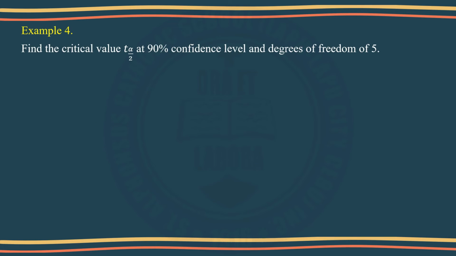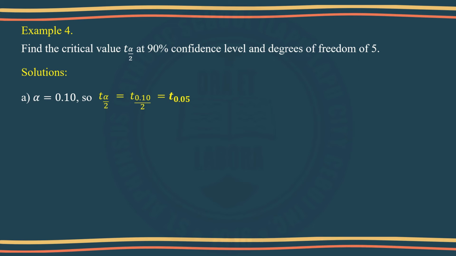Another example, find the critical value of t sub alpha over 2 at 90% confidence level and degrees of freedom of 5. Here are the solutions. The value of alpha is equal to 0.10 because the confidence level is at 90%. So the t sub alpha over 2 is equal to t sub 0.10 over 2.